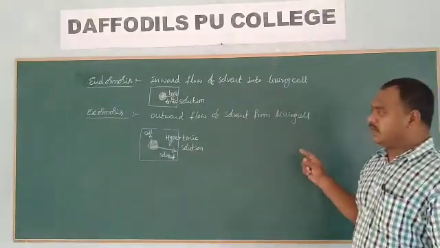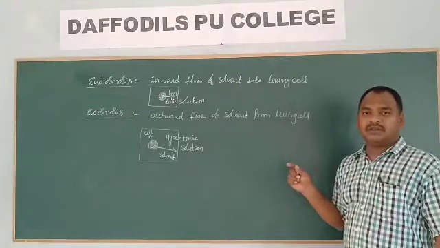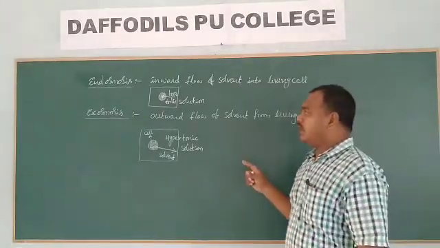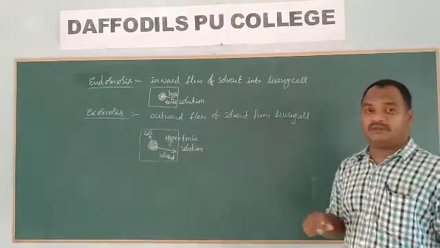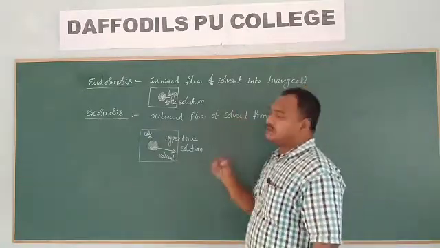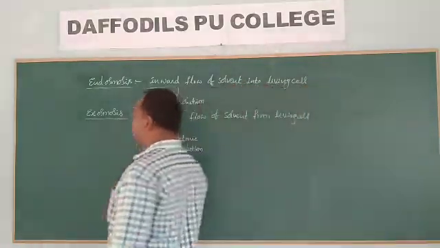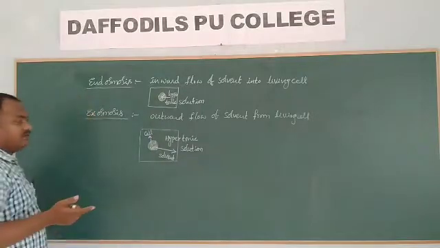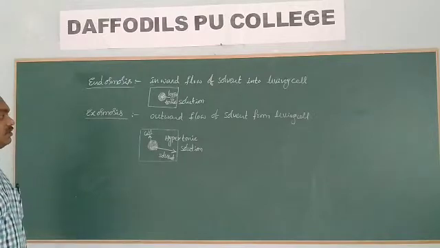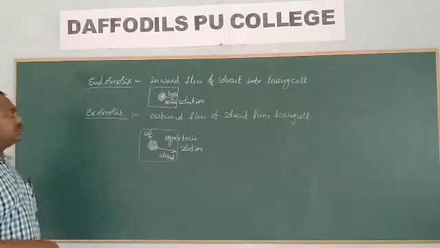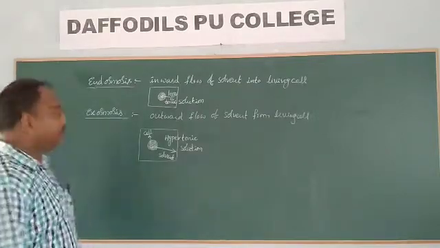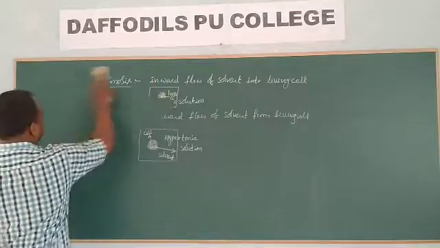When this egg is placed in vinegar, slowly the outer shell dissolves in the vinegar, so the semi-permeable membrane is exposed. When that egg is placed into water, endosmosis takes place. The size of the egg increases, and finally it is going to burst. So this is about exosmosis and endosmosis.